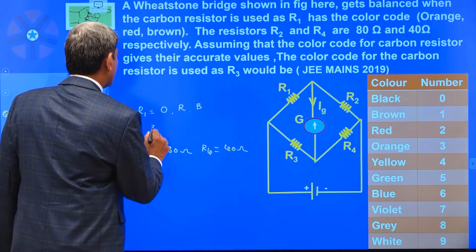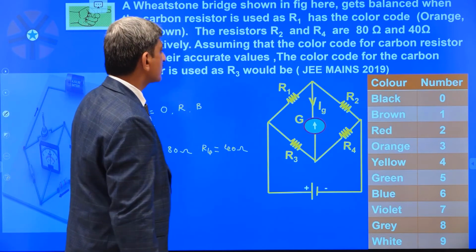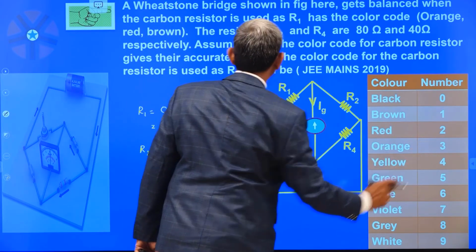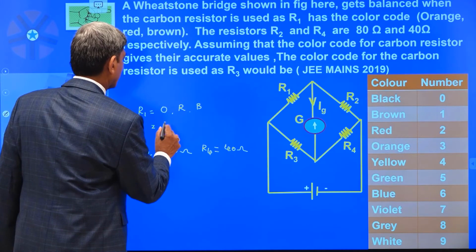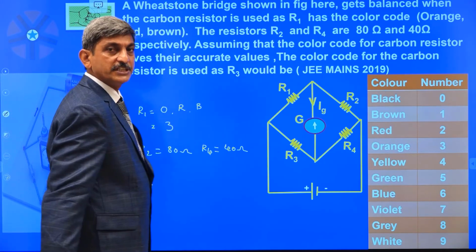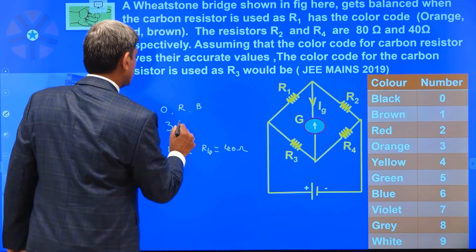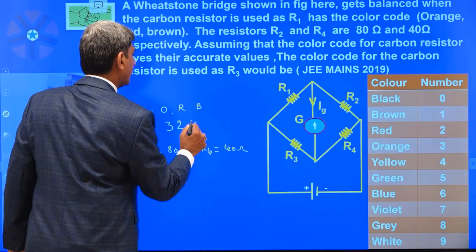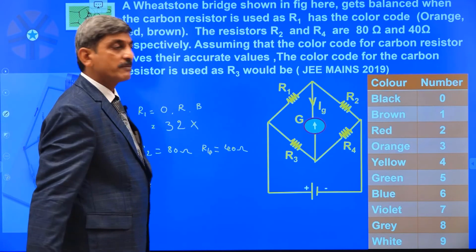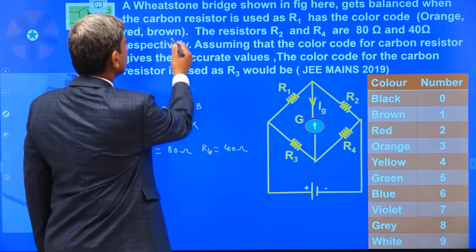Here, what is the number corresponding to the orange? That is 3. It is the first digit. What is the number corresponding to the red? It is 2. It is the second digit. And the third color gives the decimal multiplier. What is the third color? Brown.